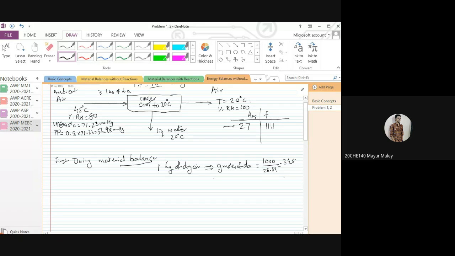34.674. So here, incoming gram moles of dry air would be 34.674 and gram moles of water vapor would be 2.811. Sir, I prefer this method.